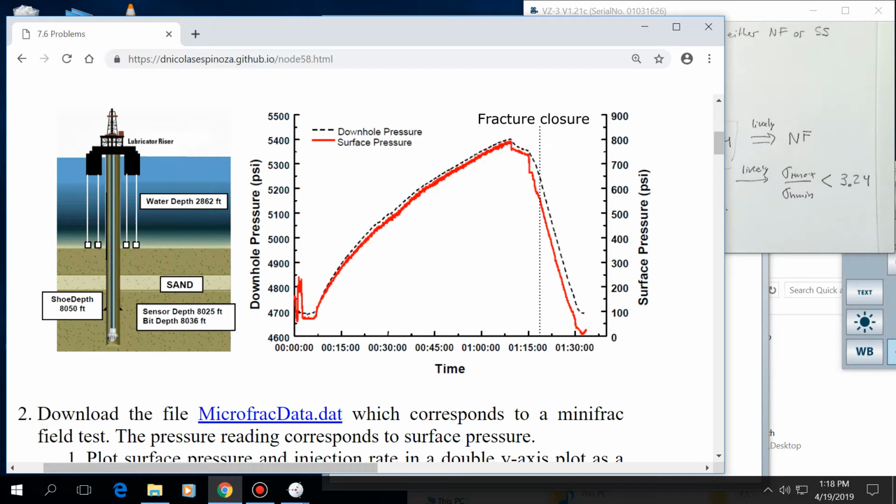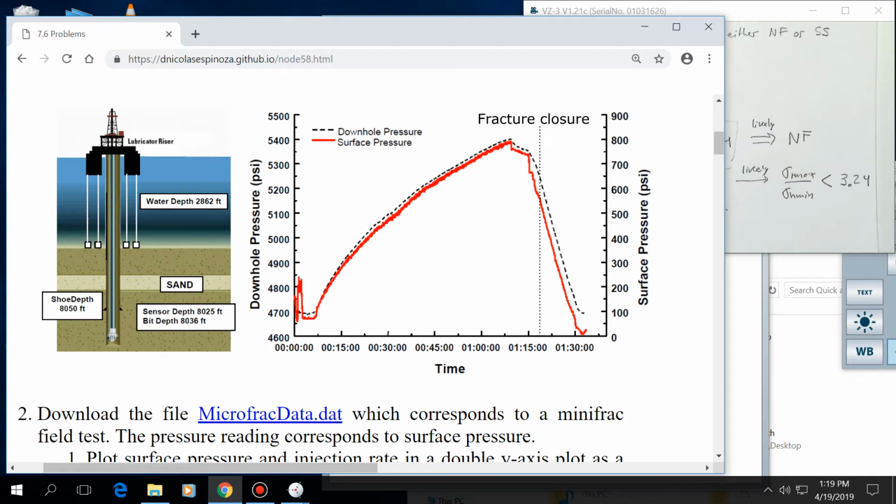So what is shown in this plot is that the surface pressure reading, which is the red, and the downhole pressure reading are a little bit different, and that can sometimes give you some uncertainty about what the actual value downhole is, but most times they are fairly close.